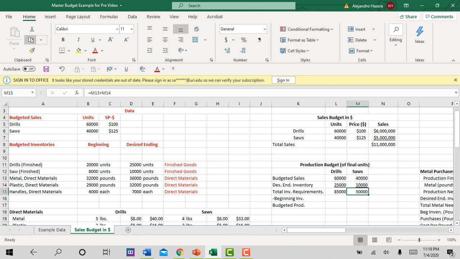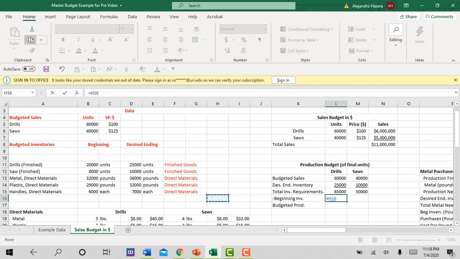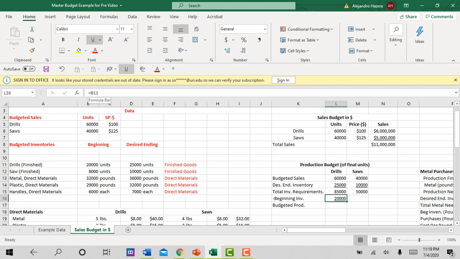Now, obviously, if those are what you need to have on hand, if those are your total inventory requirements, if you take out your beginning inventories, then that's going to give you your budgeted production, how many units you have to produce. Okay, so our beginning inventory for drills is 20,000.